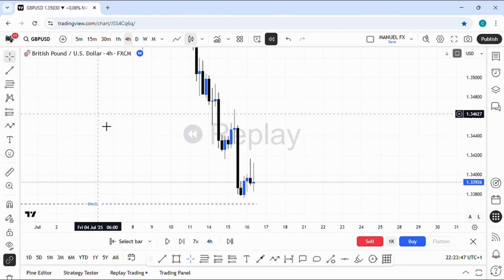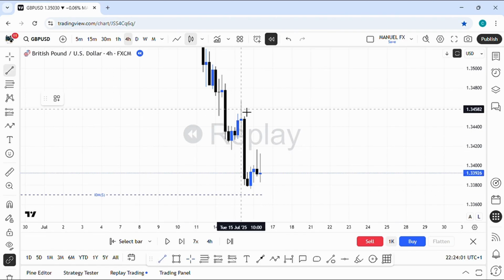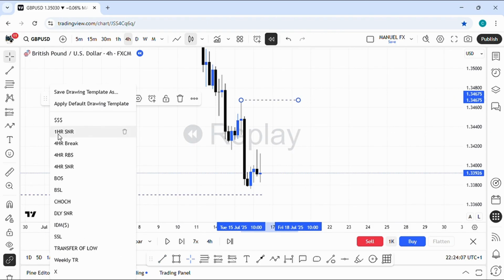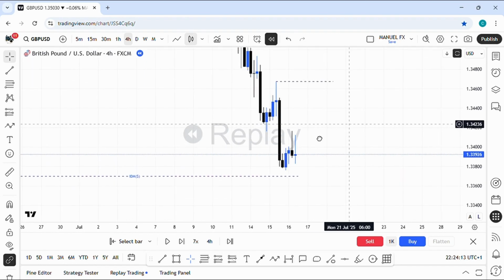Like I told you, for us to know if the 4-hour time frame is on an uptrend or a downtrend, we need to find a change of character, and the change of character will tell us whether price is on an uptrend or a downtrend. Where is our change of character? This is our valid retracement move. So if price takes out this high, it becomes our change of character.